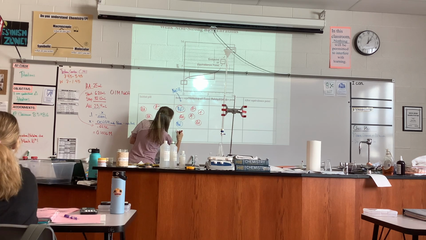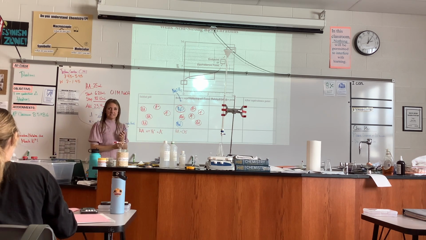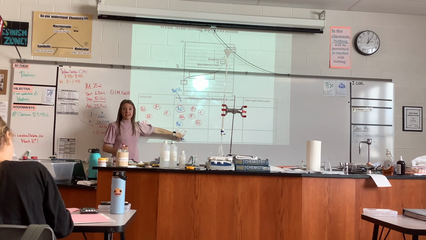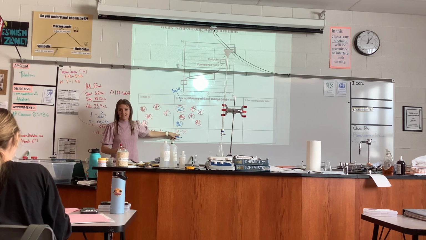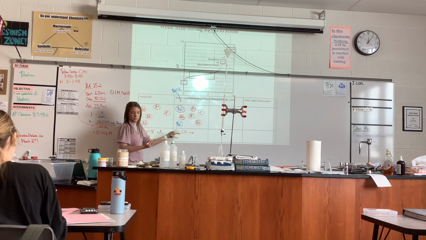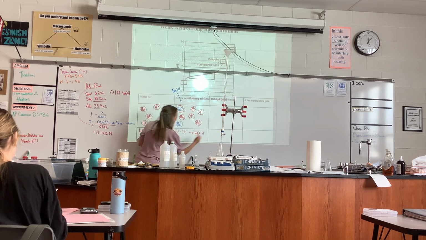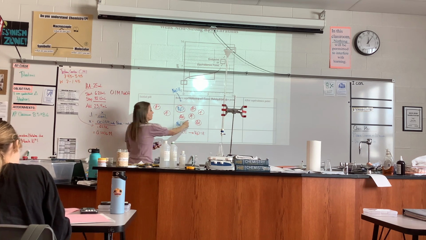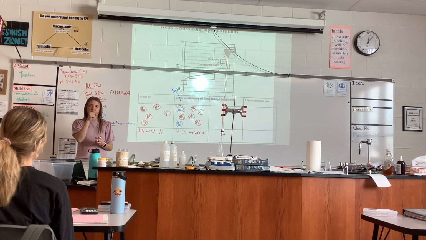You should have HA plus OH minus. So this is the main reaction, the OH minus reacting with the HA. In that reaction process, we create the water and leftover A minus. That's why you have more A minuses than H pluses, because the H plus is within the water now.